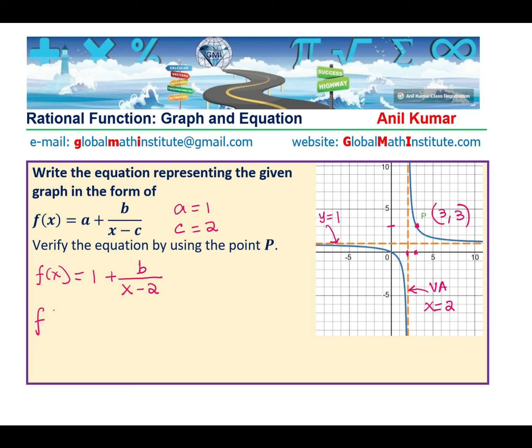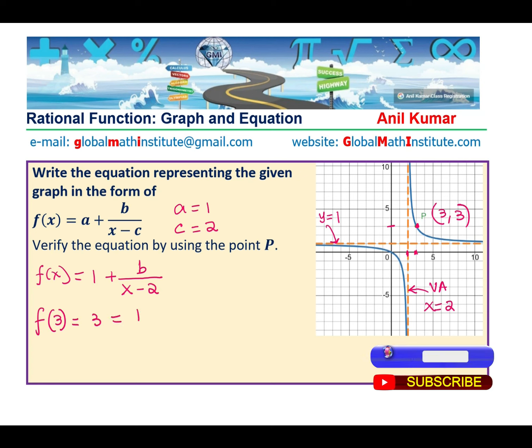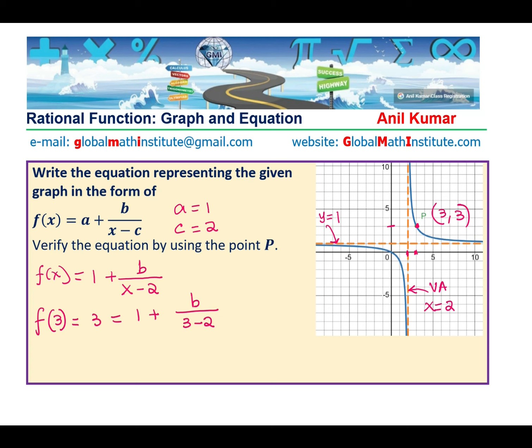Let's find the value at x equals 3. At x equals 3, we know we should get 3, correct? Which should be equal to 1 plus b over 3 minus 2. Since 3 minus 2 is equal to 1, we can easily get that 2, taking 1 to this side, is equal to b over 1, so b is 2.